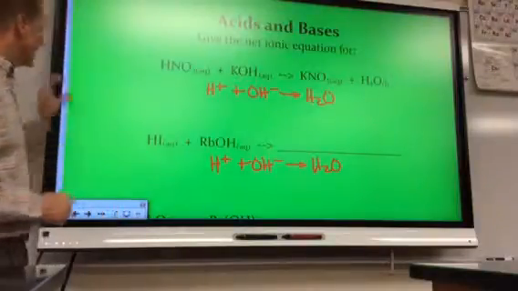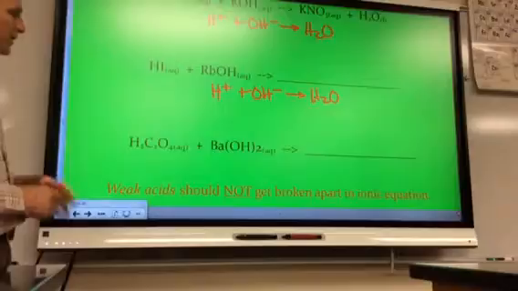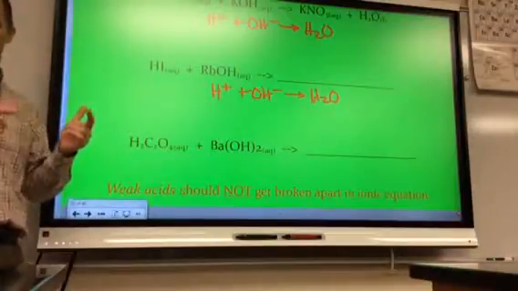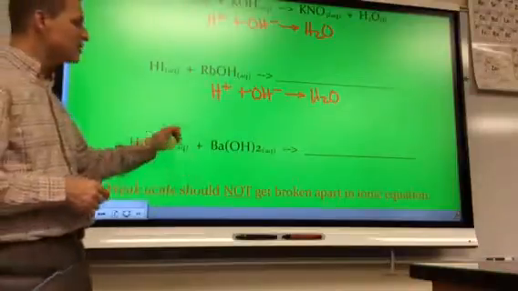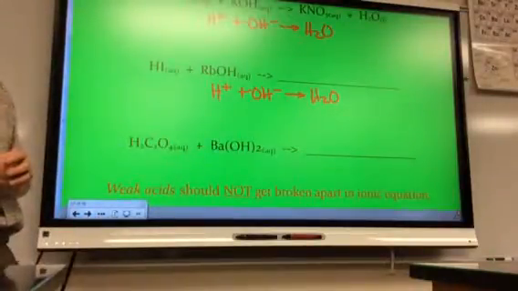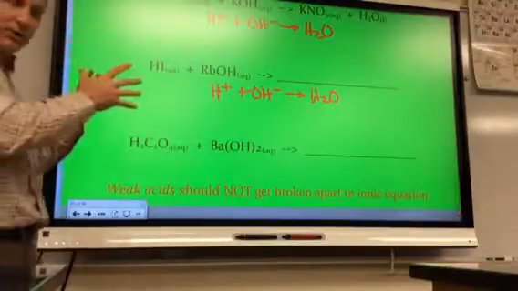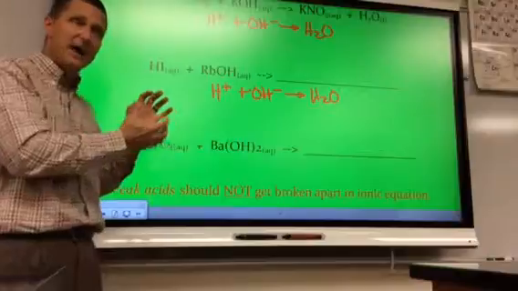Okay, so now when we get to this, we want to write the net ionic equation for this. This is not a strong acid, strong base reaction. I have a comment down here in red. Weak acids should not get broken apart when you write the net ionic equation. Remember when I was showing you the picture? I said the majority of the molecules hang on to their hydrogen.